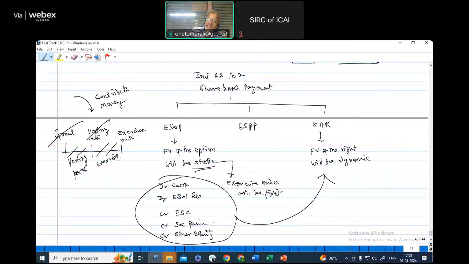So, why may ESOP not be successful to 100%? To 100%, it should be successful, no, but you would find that some of the employees may not participate at all. Not because it is illegal money or gambling money. It's not because of ethical problems that they are not participating.